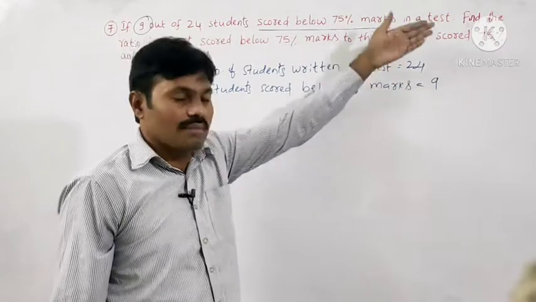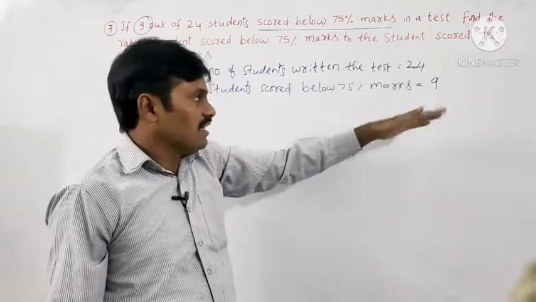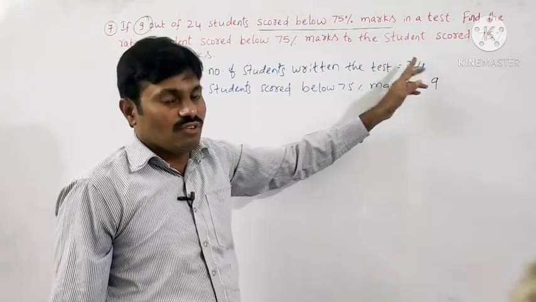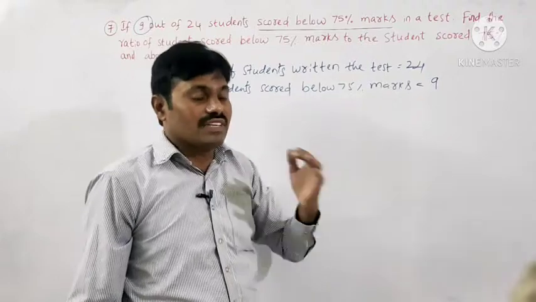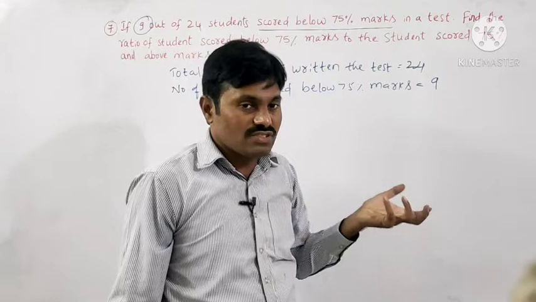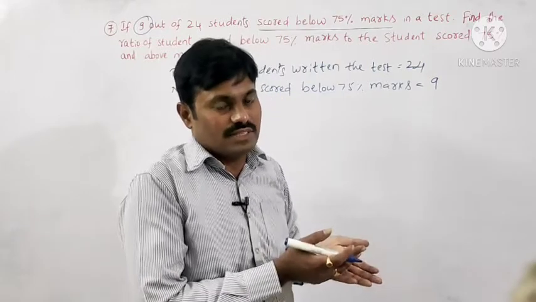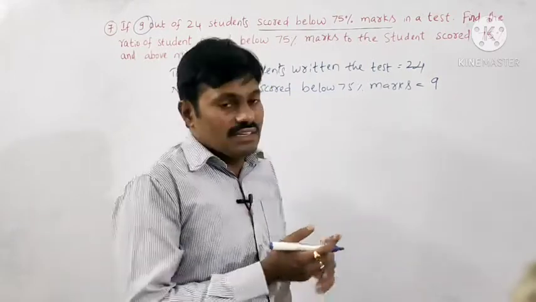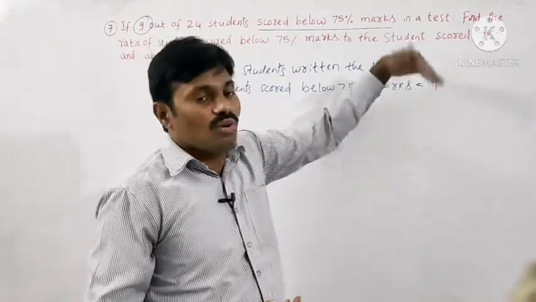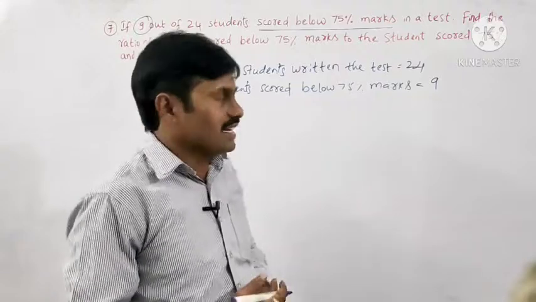Then what about the remaining members? That means how many students are remaining still? 24 minus 9 means 15 students are remaining. What about those 15 students? What about their marks? Those 15 students got 75% or more than 75% marks. Okay, clear?